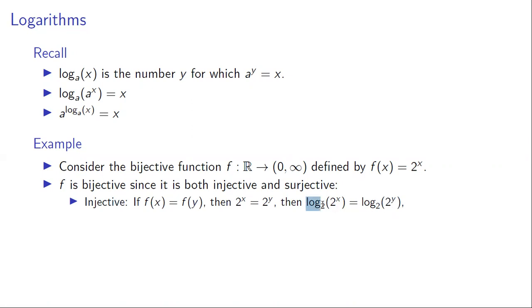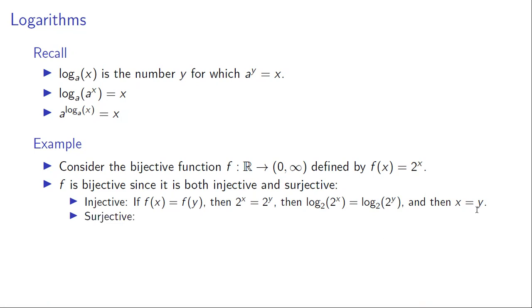But what is log base 2 of 2 to the power of x? Well, from this formula, it's just x. And log base 2 of 2 to the power of y is just y. So therefore, x is equal to y. So we showed that if f of x is equal to f of y, then x must equal y. So therefore, f is injective.